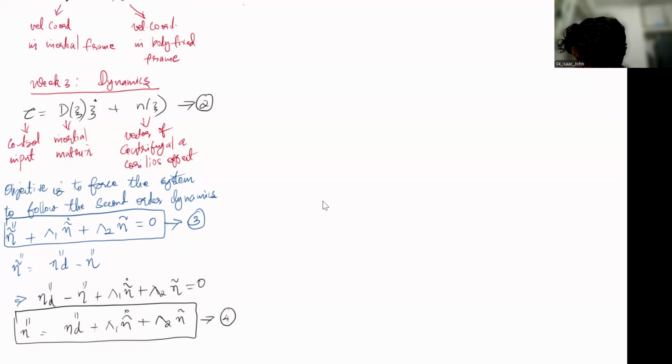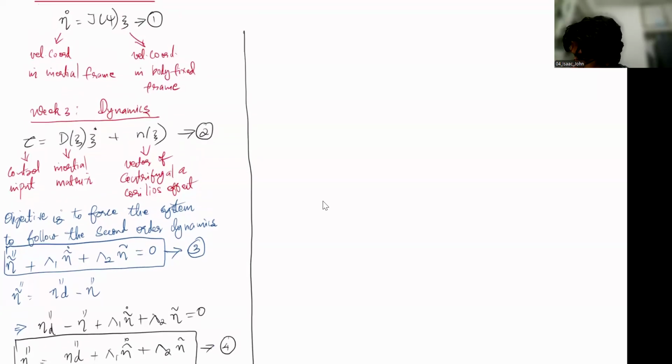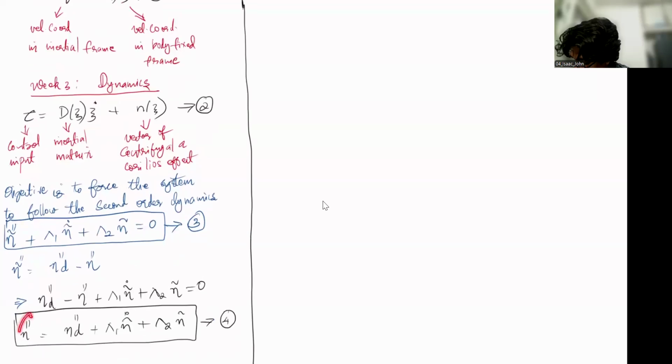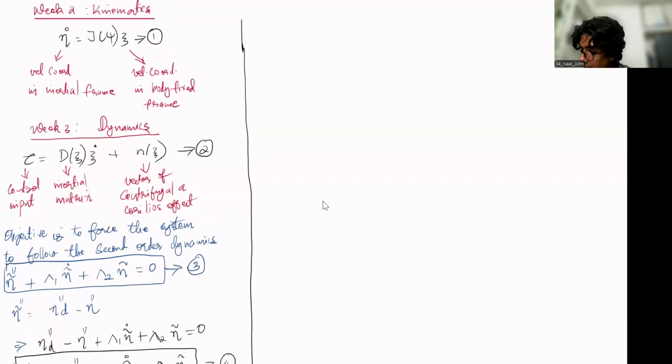Okay, all right. So up to that, I hope this is fine. Then going back to equation 1, we have this eta dot term here. If you differentiate equation 1 with respect to time, we'll get an expression for eta double dot.